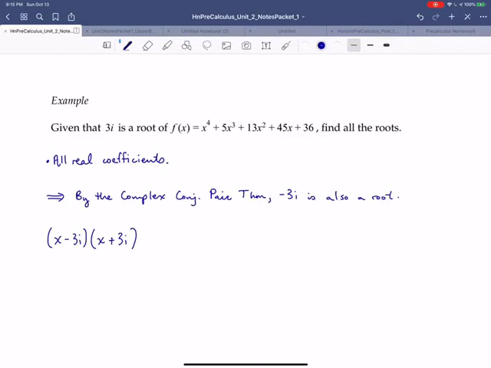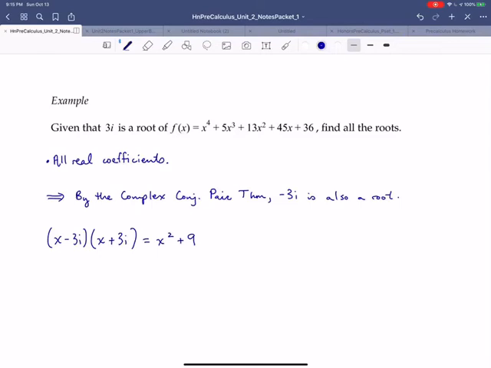And if we multiply x minus 3i by x plus 3i, we get x squared plus 9. This is the opposite of what we were doing before when we were factoring the sum of squares x squared plus 9. If you've forgotten how this works, you can use an expansion box to see that x minus 3i multiplied by x plus 3i is x squared plus 9.